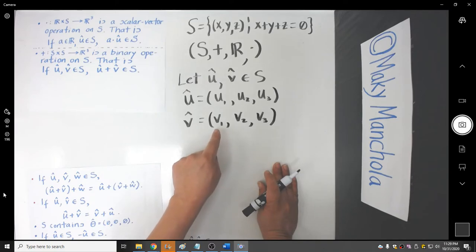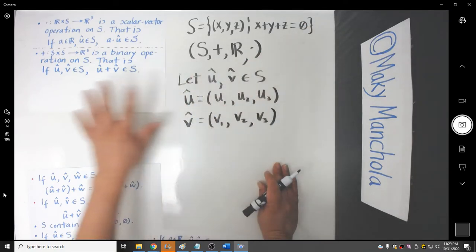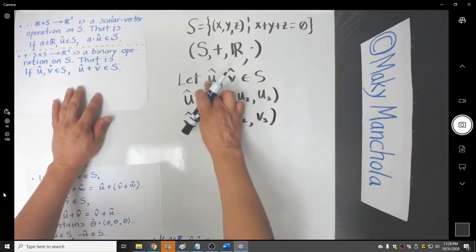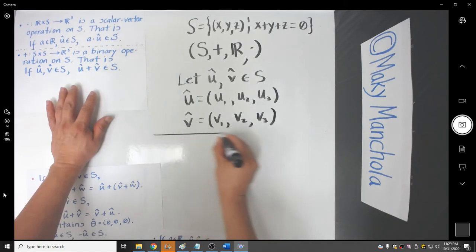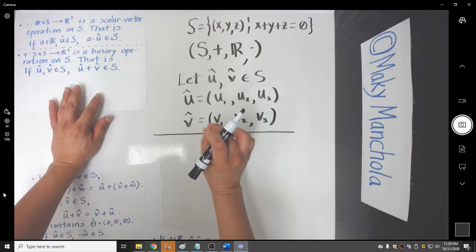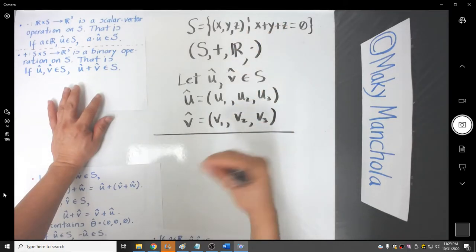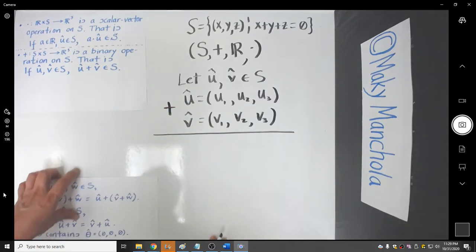Also, when we add V1 plus V2 plus V3, we get 0. That's what we know. If we take U and V to be elements of S, we know that much. Now the question we're asking right now is, when you add them up, is the result also in S? So let's do the addition right now.